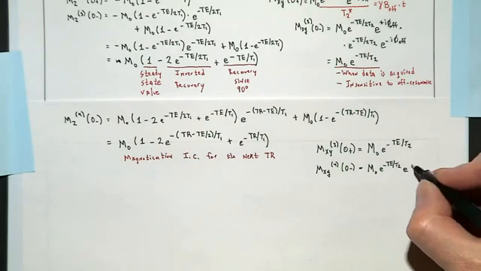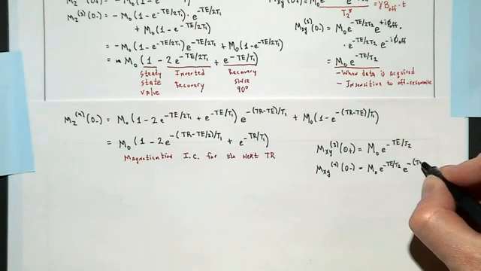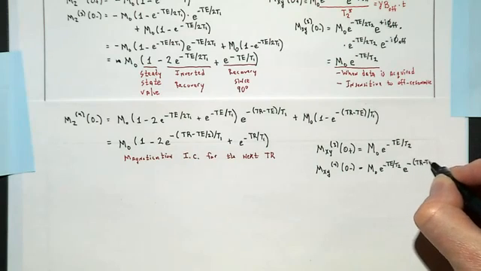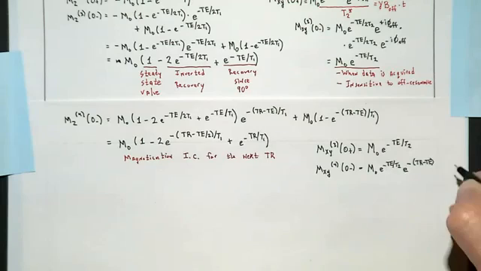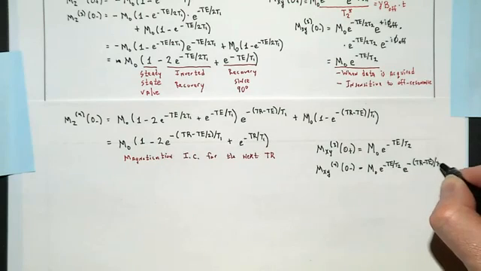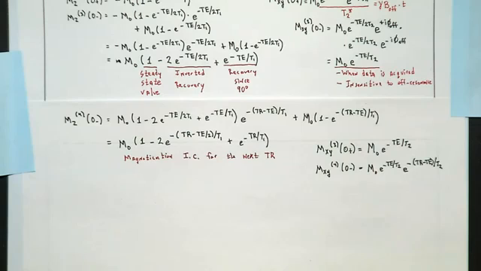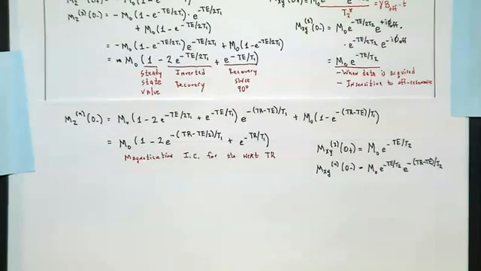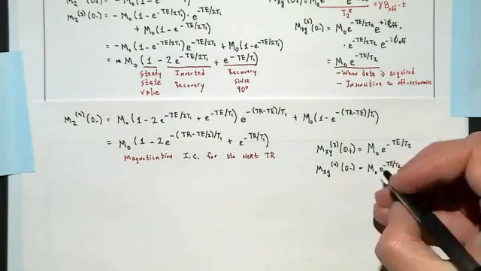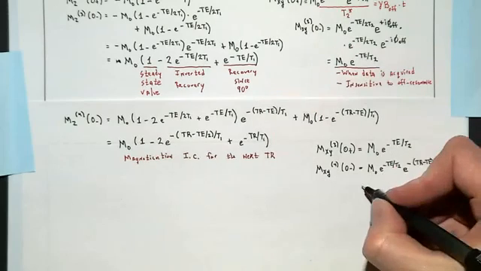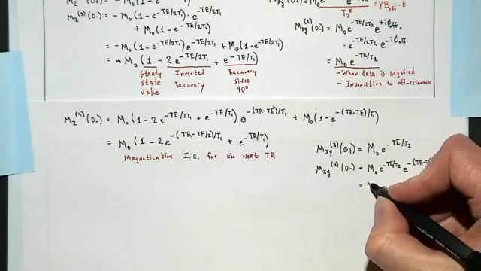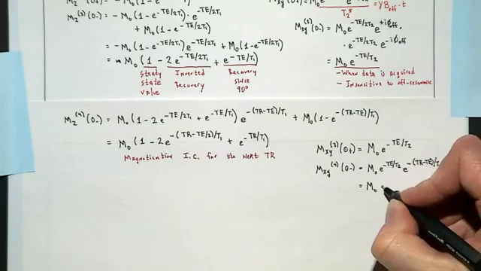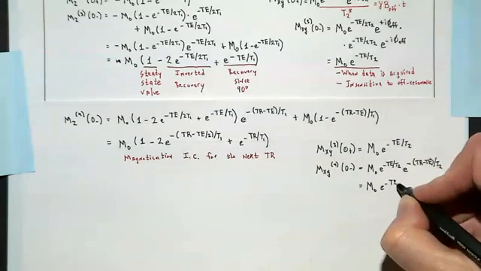And so that's just e to the minus (TR minus TE) divided by T2. Adding that up, you just have some exponential terms that can combine there, and you just have something like M0 e to the minus TR by T2.